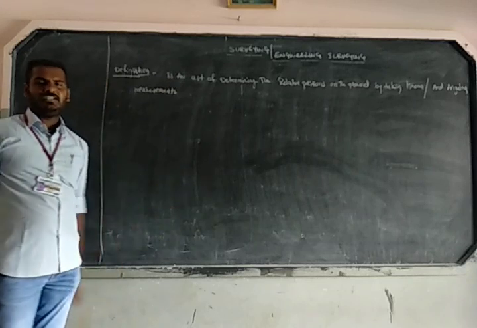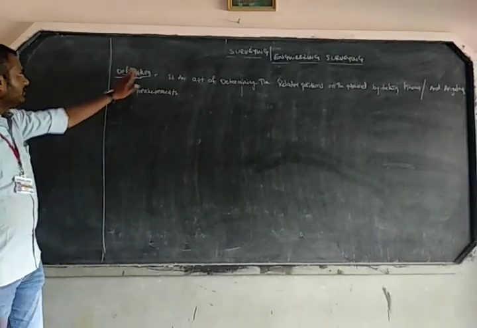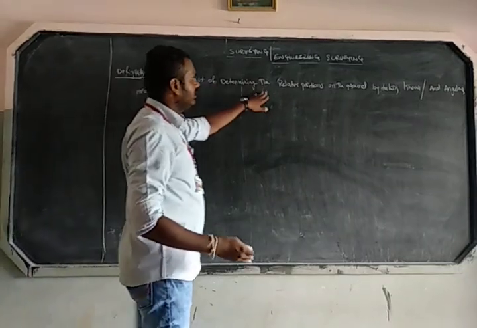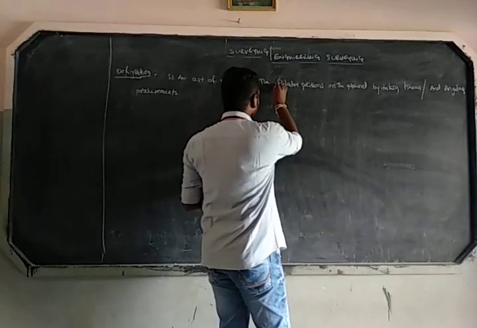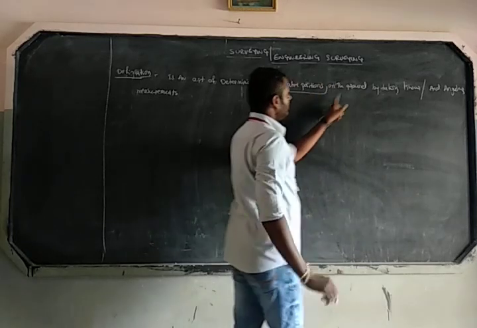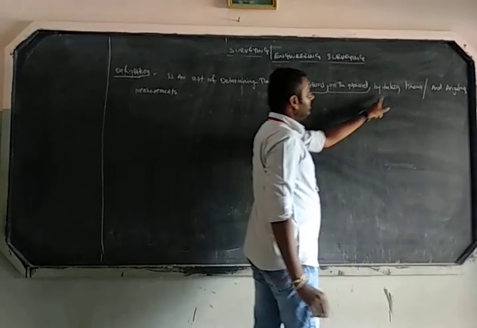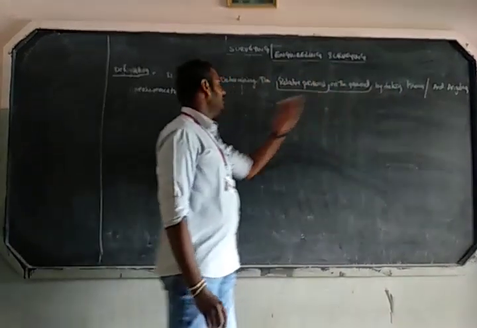This is the common definition, not a brief definition. So the definition of surveying is an art of determining the relative positions. Please stress this point: relative positions on the ground. Please stress this particular point also: on the ground by taking linear or angular measurements.